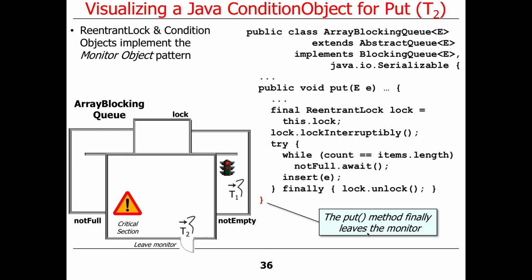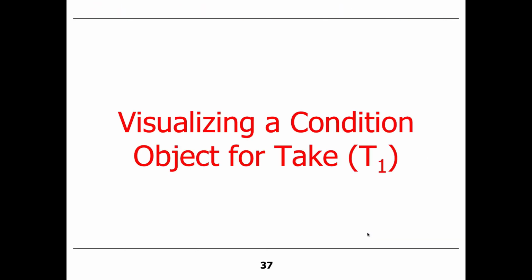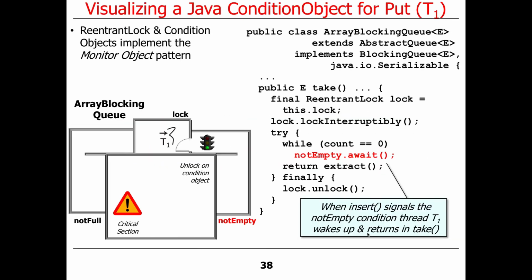So you'll see in a second what's going to happen here. All right, so let's assume that that's just happened. And what's going to happen here is that thread T1, which was asleep in not empty.await, when thread T2 calls signal on the not empty condition, that will cause the thread to wake up in the context of await.